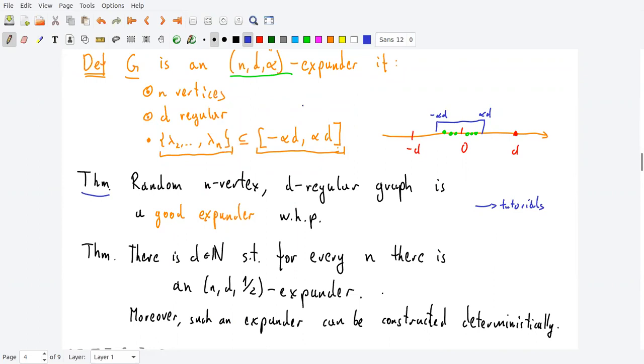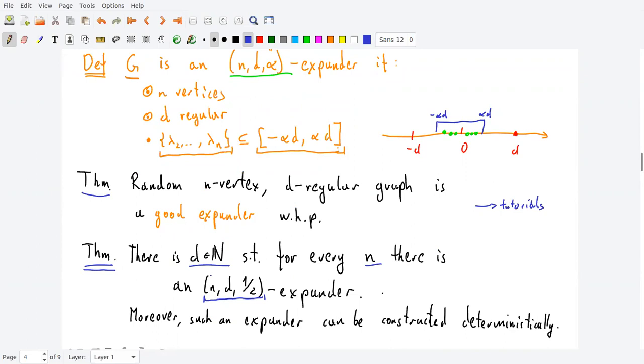And on the other hand, the important fact is that you can actually construct expanders deterministically. So we will prove in 2 weeks, I think, that there is always an (n, d, 1/2) expander for every n and some fixed constant d, and such expanders can be constructed deterministically.